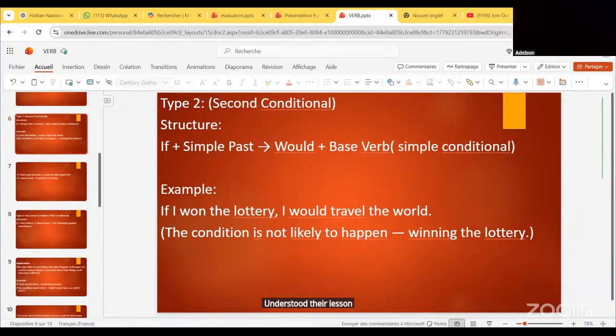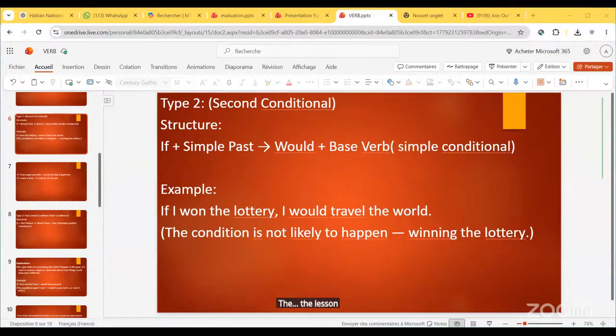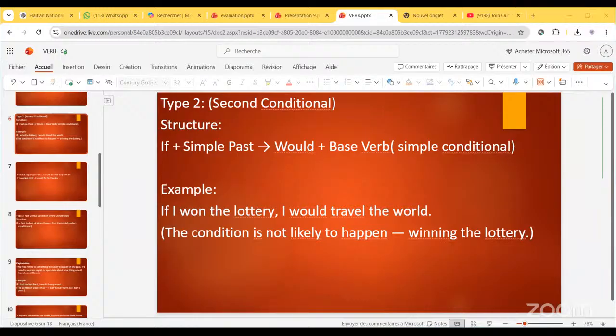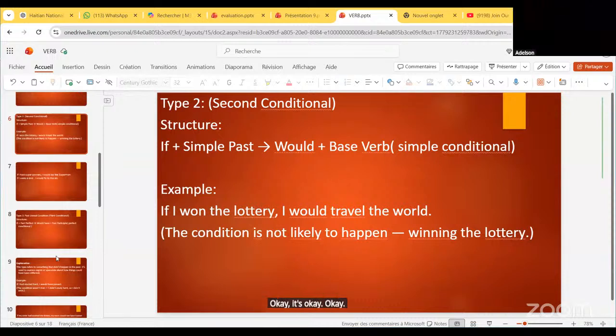That's correct. Mhm. What more? Okay, now, Adelson.